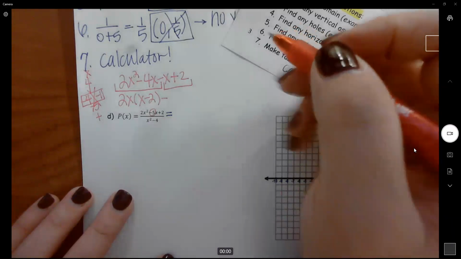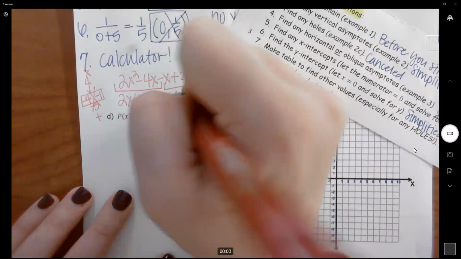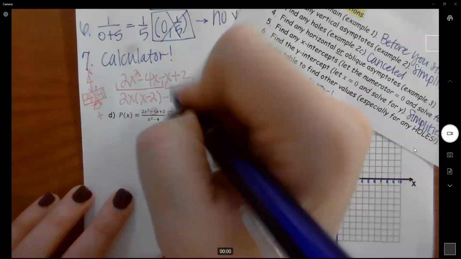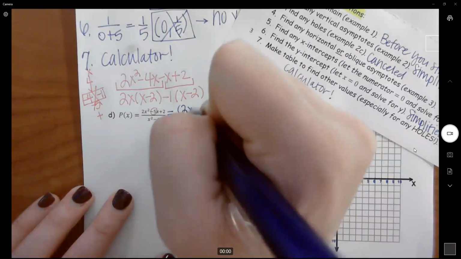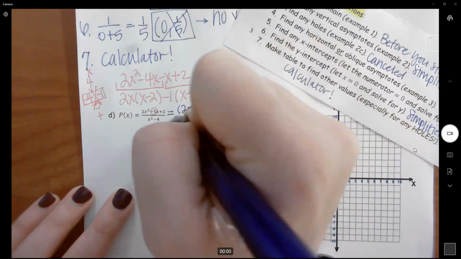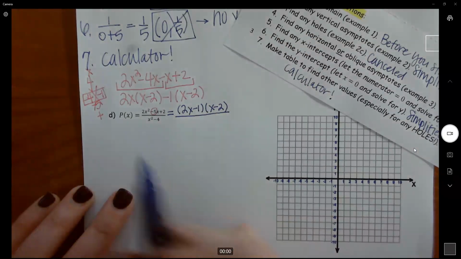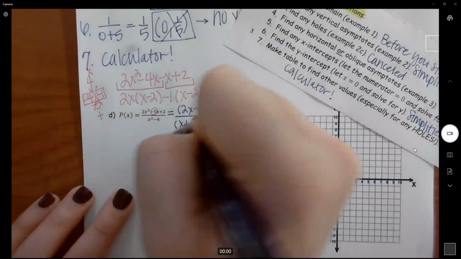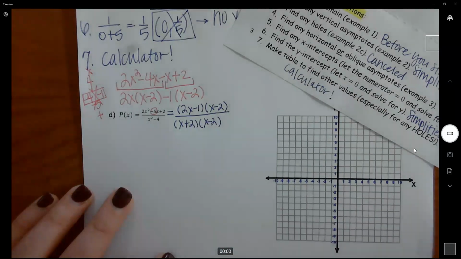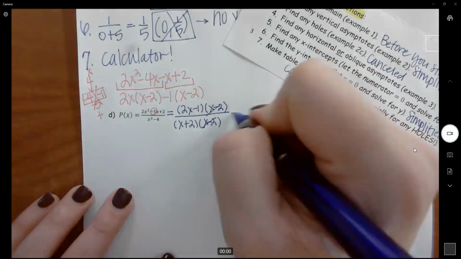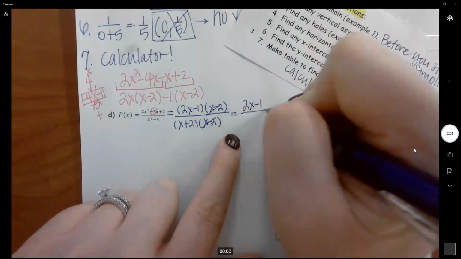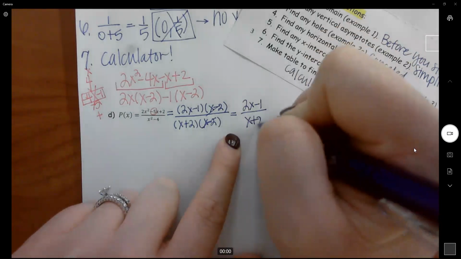And I can't divide anything else out besides -1, which will leave me with an x minus 2. So this factors to become 2x minus 1, x minus 2. And then the bottom is a difference of squares. So that's x plus 2 and x minus 2. These cancel. And I am left with 2x minus 1 over x plus 2.